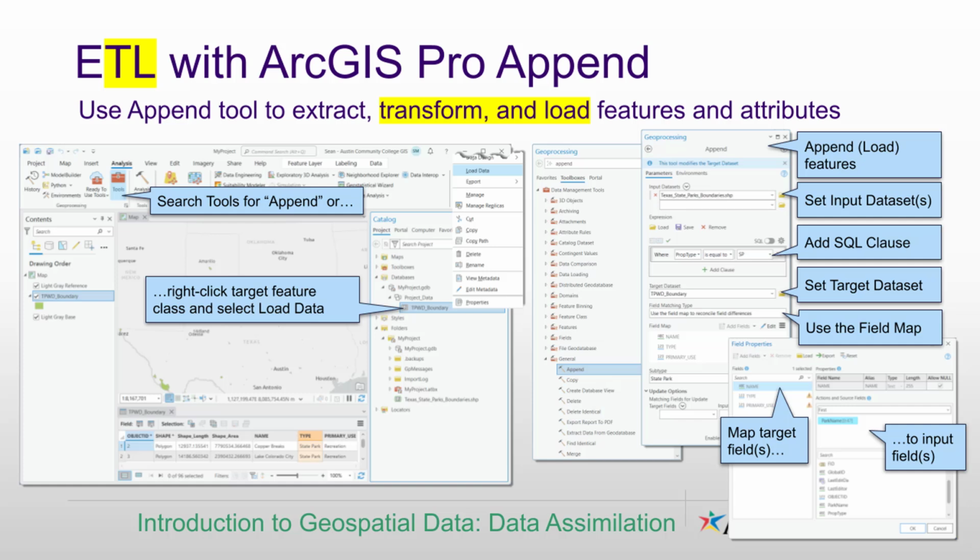Now, one thing I want to caution you about when using the Append tool is it doesn't replace the data that's already in the target data set. It just appends to it.